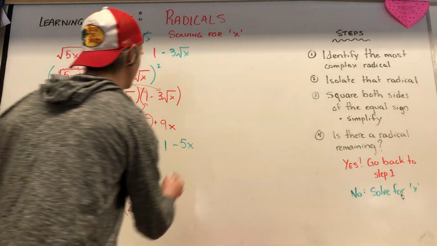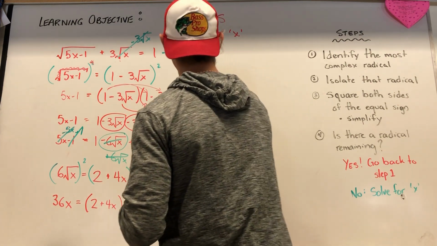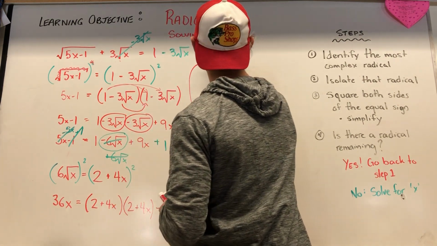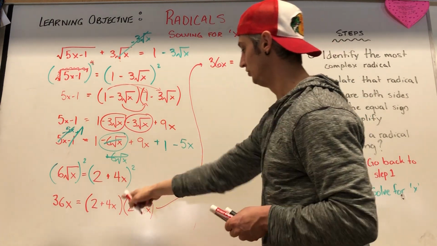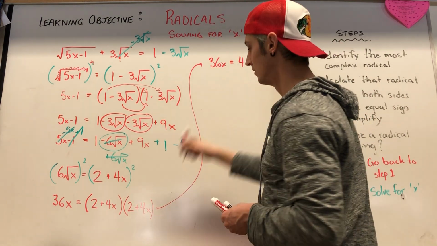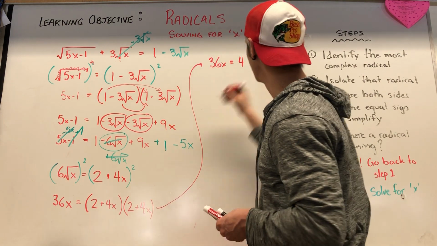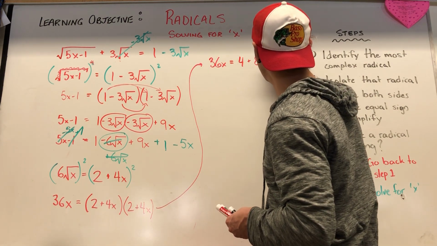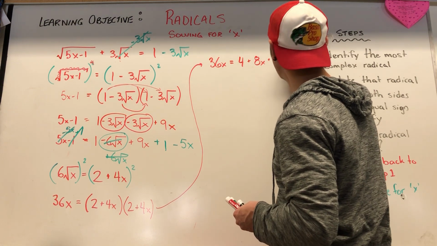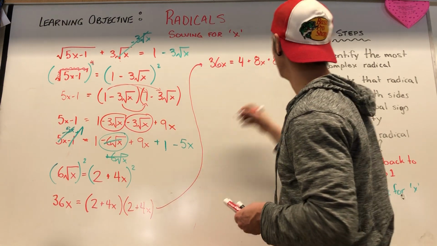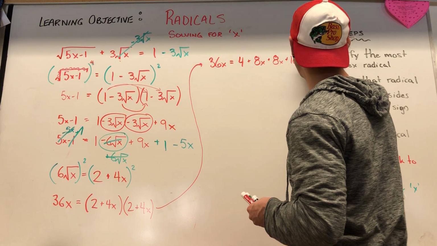So I'm going to bring this back up here. So I have 36x is equal to 2 times 2 is 4. 2 times 4x is 8x. 4 times 2 is 8x. And then 4x times 4x is 16x squared.